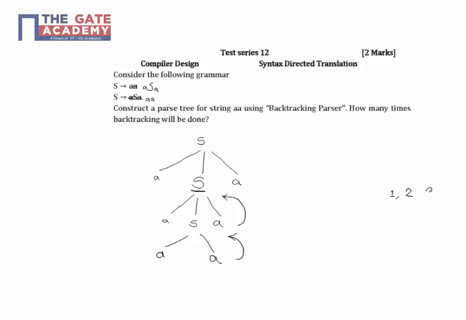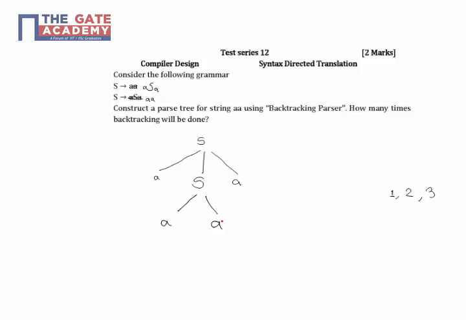So till now we had 3 backtracks, and after 3 backtracks my tree will be something like this, and now I'll have to apply from this capital S to AA. Again this solution also has a problem: I'm having 4 A's here and I need only 2 A's in my final string.